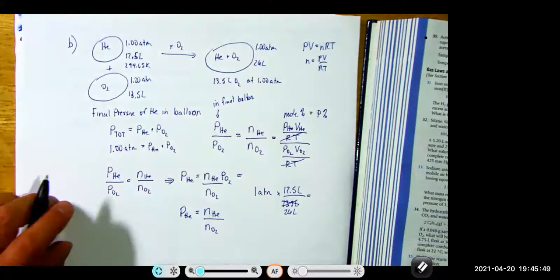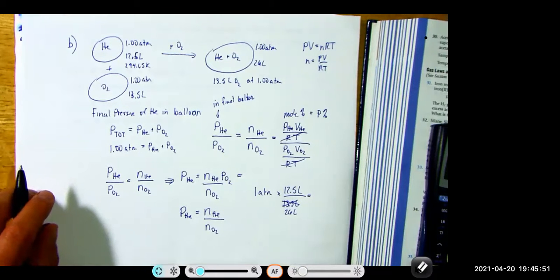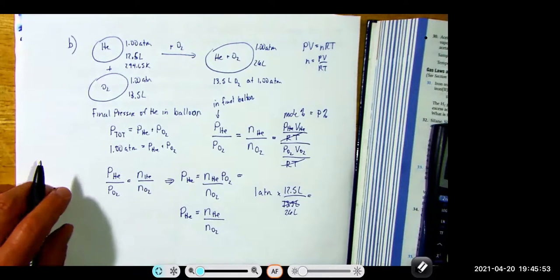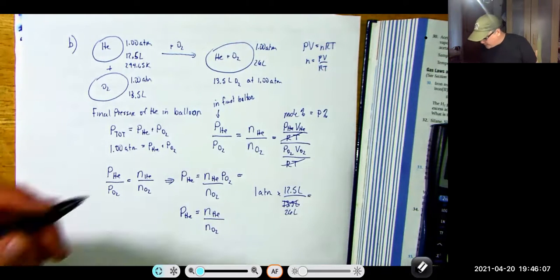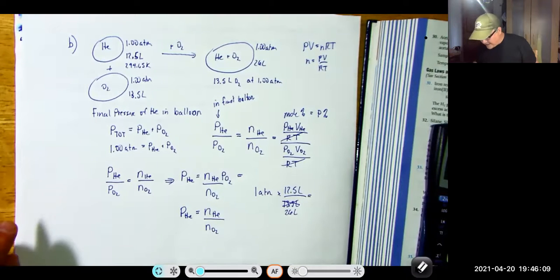Okay, so that makes sense then, because you're taking the 1 atmosphere and you're multiplying it by the not the ratio, but the part to the total, to come up with how much in the total. So the answer is going to be what's 12.5 divided by 26?